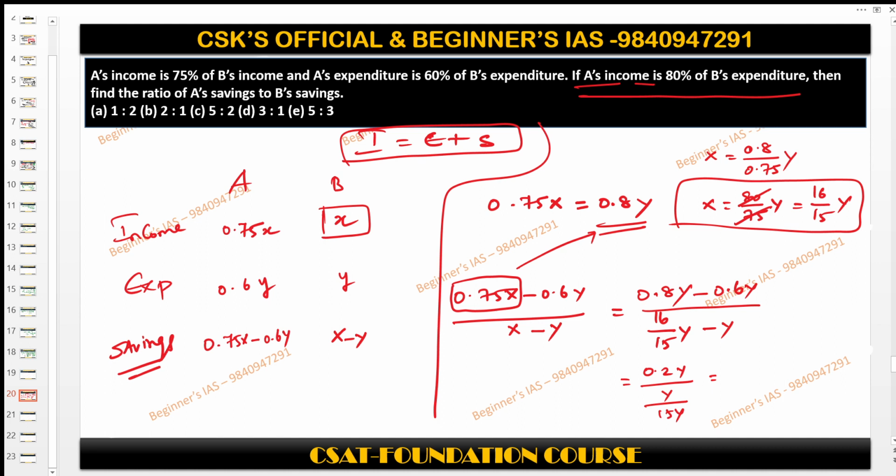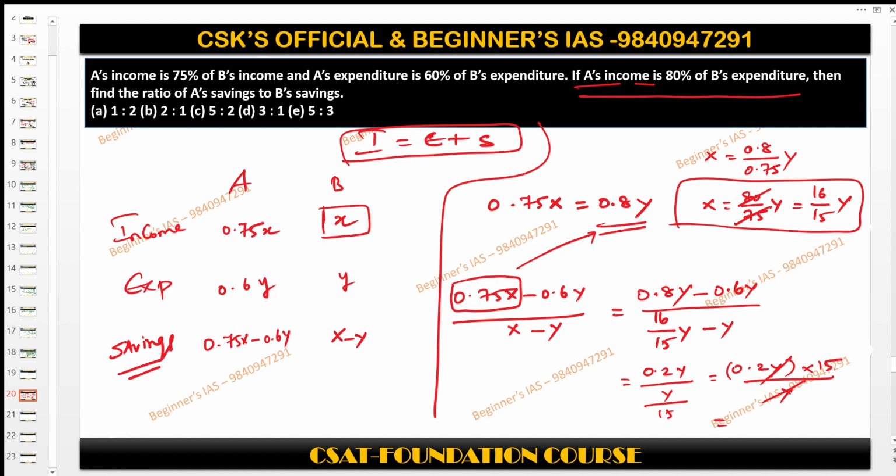Fine. Now 0.2y, clear? You can take 15 as the LCM. Now into 15 by y gets cancelled.